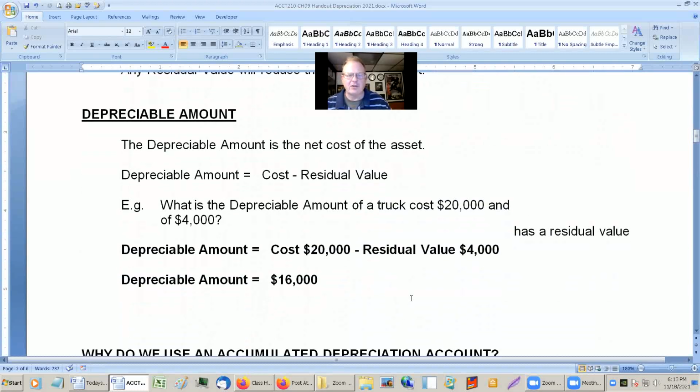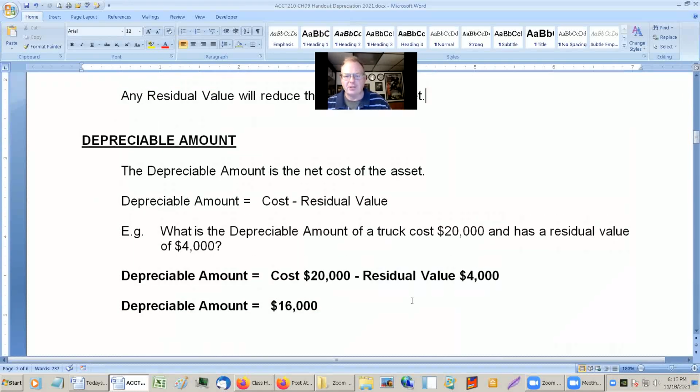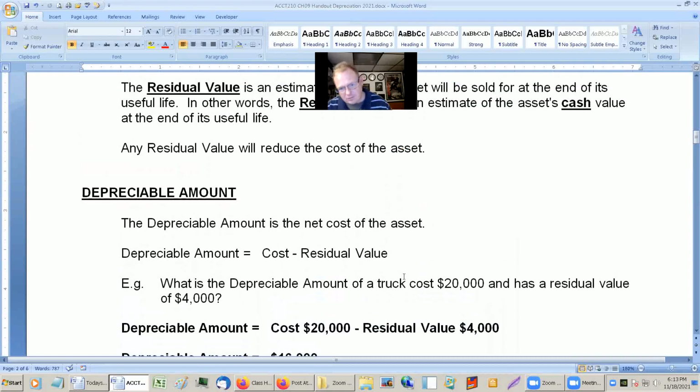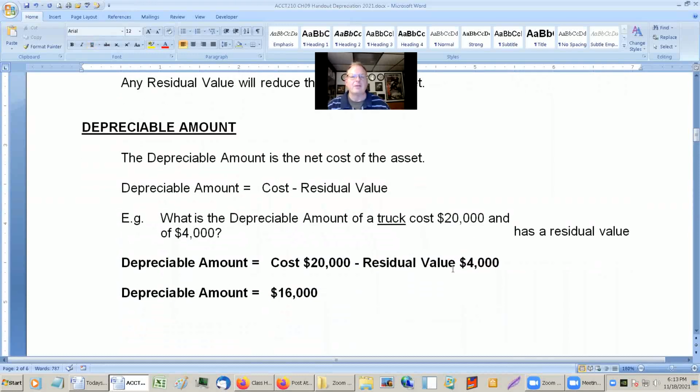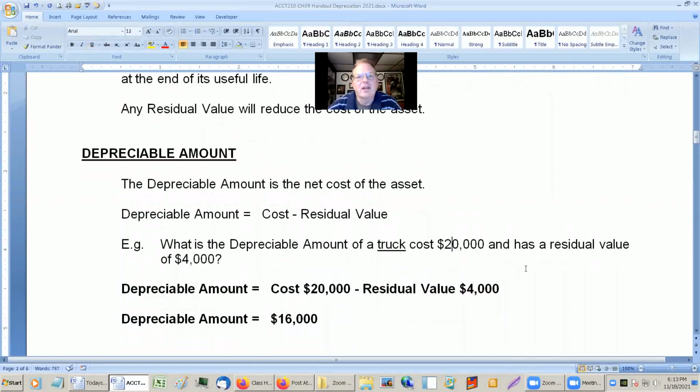Depreciable amount. How much is the truck, or whatever asset it is, going to depreciate over its life? And we do that by saying the cost minus the residual value. Because the cost is what we're paying out, but this residual value is money we're going to be getting back. So if this is a truck, we plan on using it for, well, it doesn't say how many years. At the end of its life, it's going to be worth $4,000, that we can sell it for $4,000.